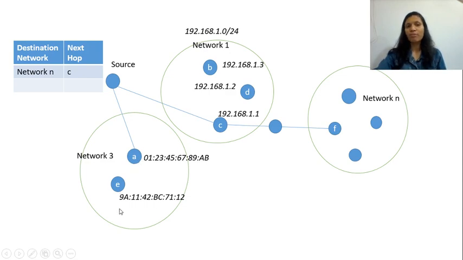In such a case, if a source, as shown here, wants to communicate with device E using just the MAC address, the source will have to create a MAC table, a routing table, and will have to have the destination MAC addresses as well as how to reach the MAC addresses in place.